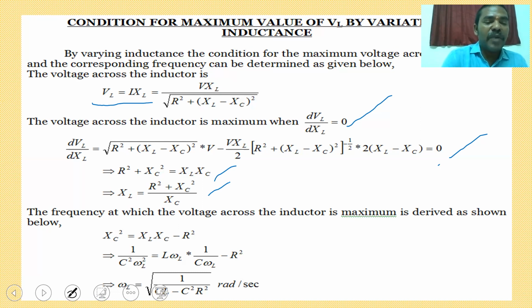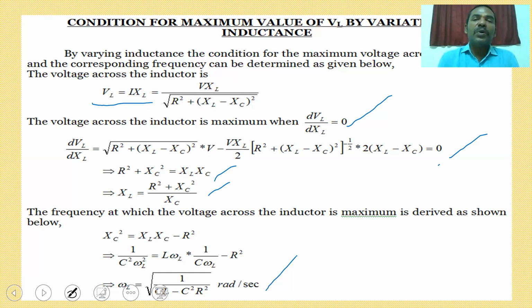So finally, omega L is equal to the root of (C into L minus C square R square) under the radical. This is in radians per second.